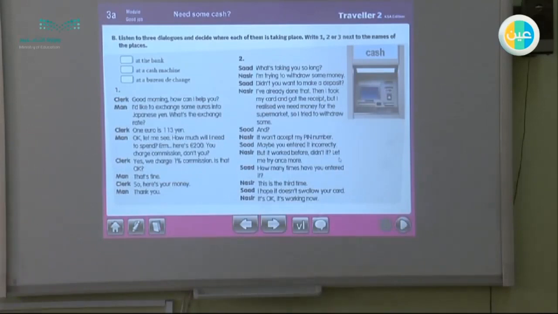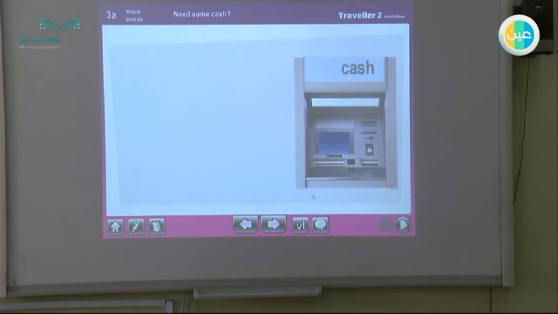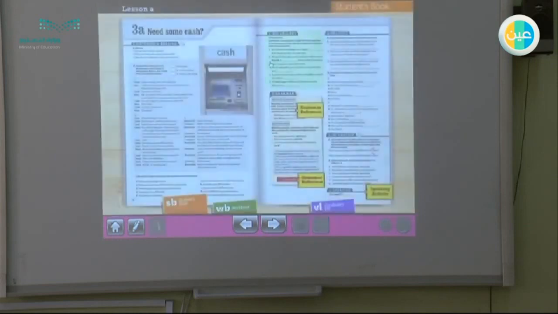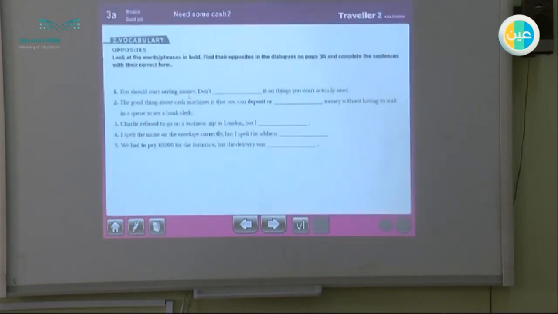The opposite word here, we can use the word spend. Back to the exercise: saving money, don't spend.